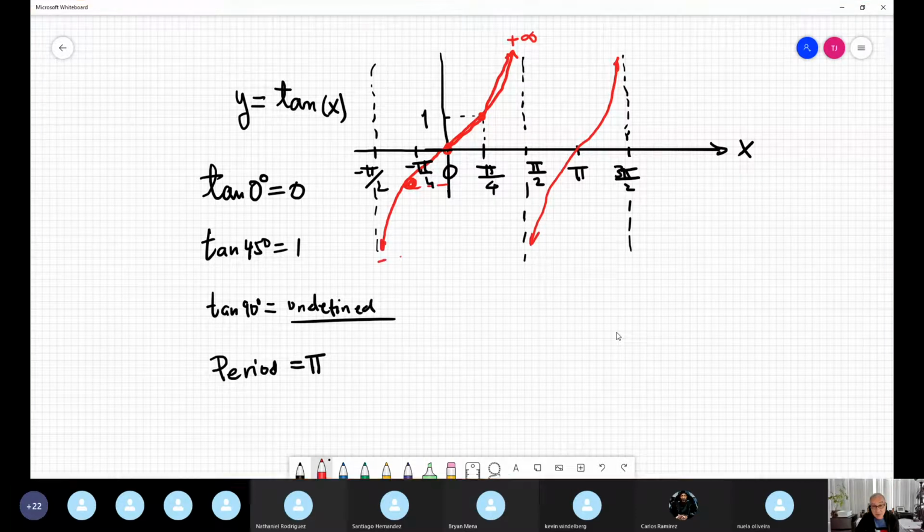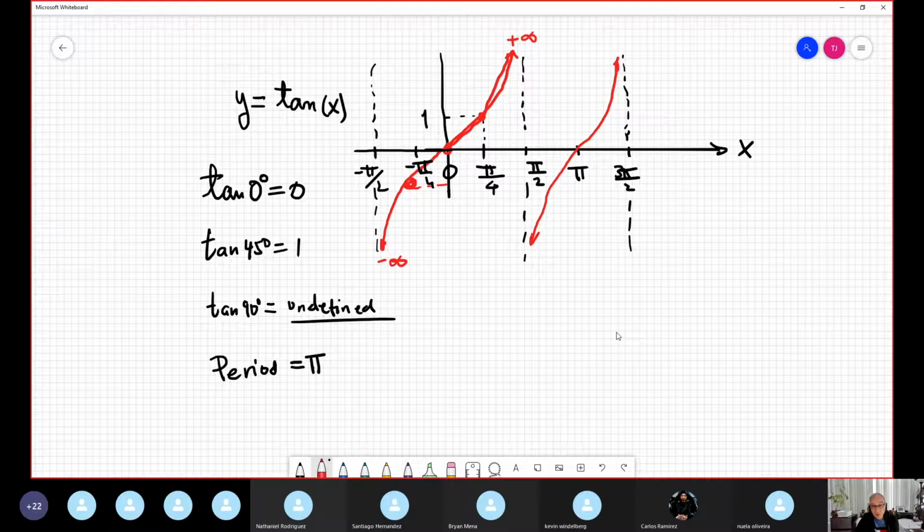This is negative infinity. So this is one period. You have the famous five points. Actually it's not five points, it's asymptote, point, and asymptote. And the rest is repetition forever.